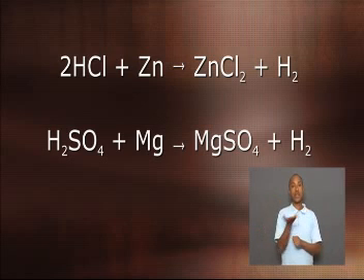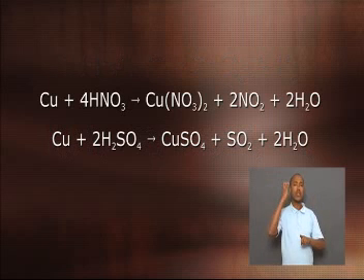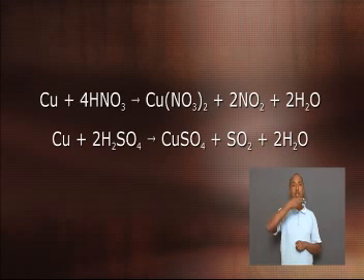However, hydrogen gas is not always produced when acids react with metals. For example, when concentrated nitric acid or hot concentrated sulfuric acid react with copper, nitrogen dioxide and sulfur dioxide gases are produced instead.